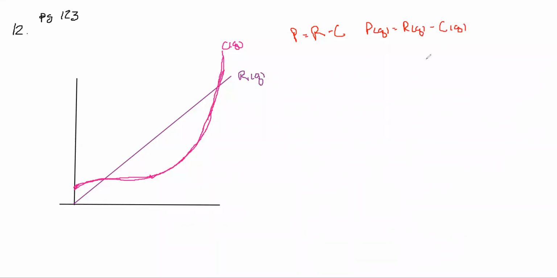Another way that we could put that is if R of Q is greater than C of Q, then we are making a profit. And if it's less than C of Q, then we aren't making a profit.